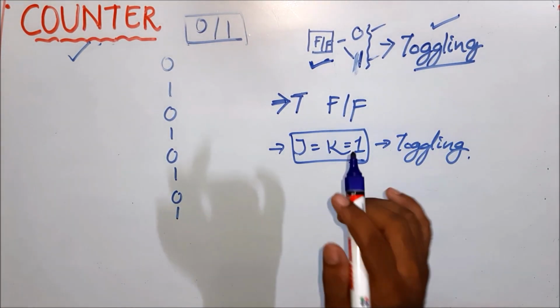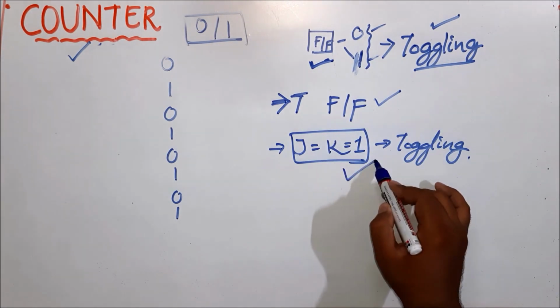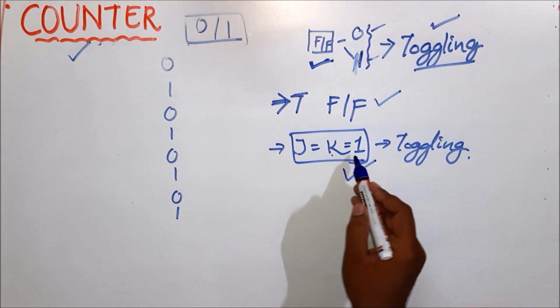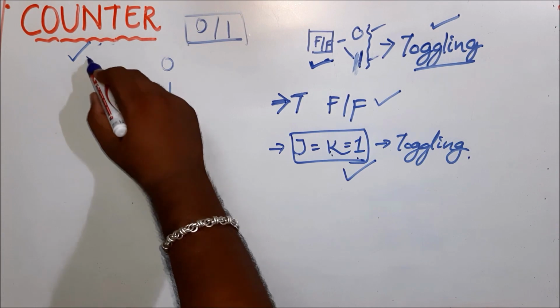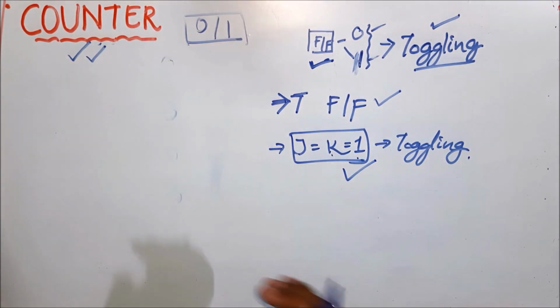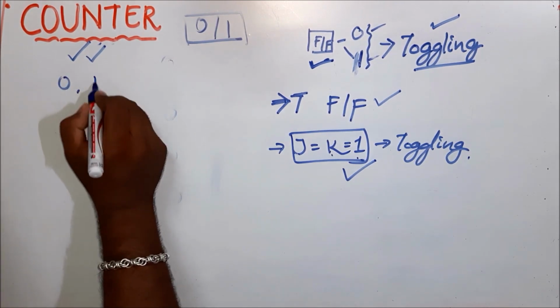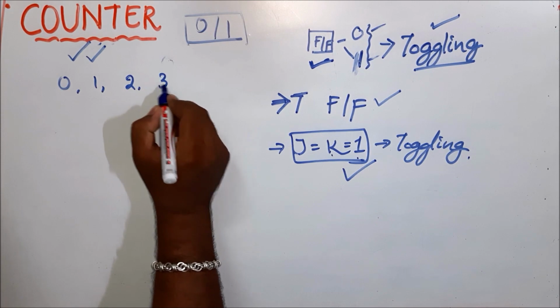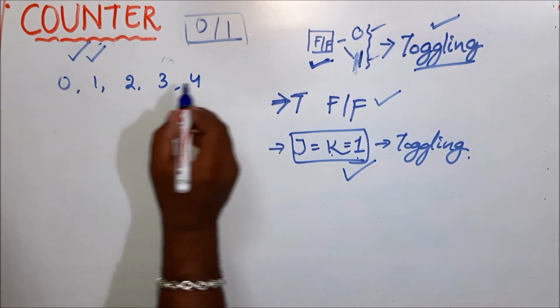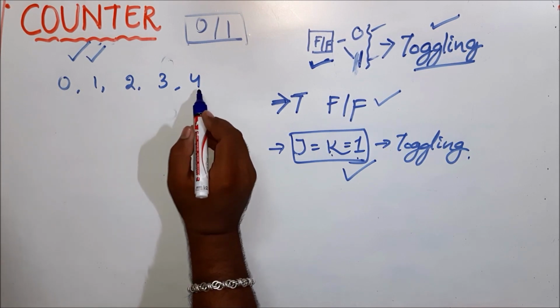Clear? That means using a T flip-flop or a JK flip-flop with J equal to K equal to 1, we can design the counter. Let us say I want to count some decimal values, that is 0, 1, 2, 3 and 4. From 0 to 4 I want to count. 0 is the smallest number and 4 is the largest.